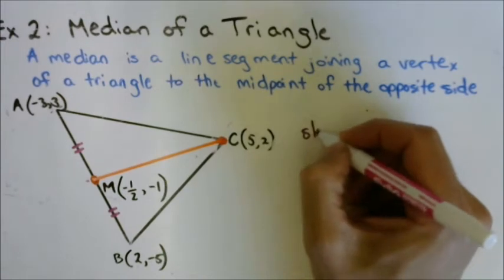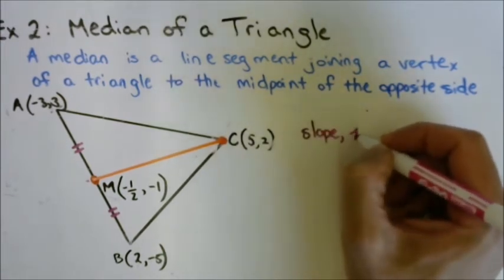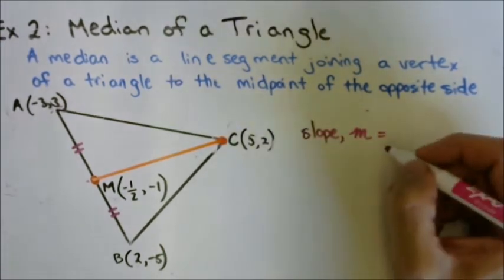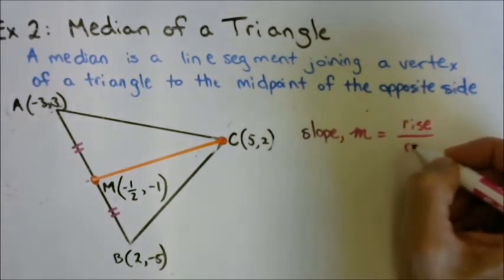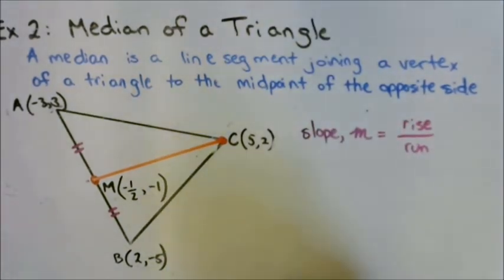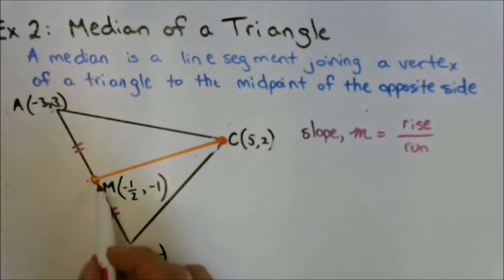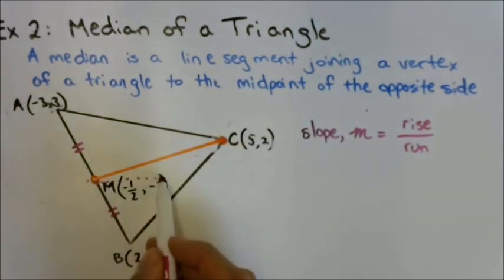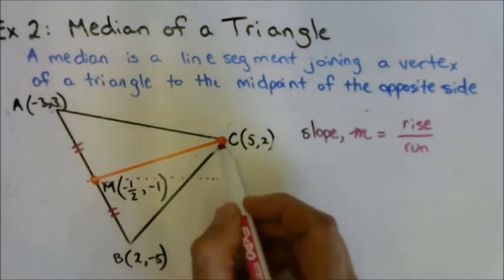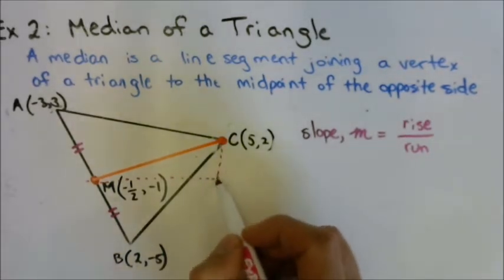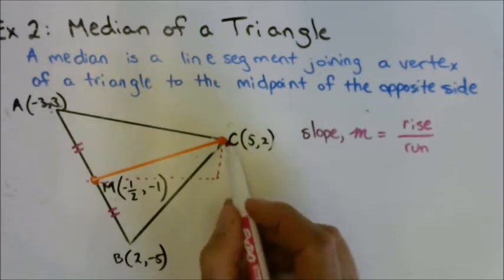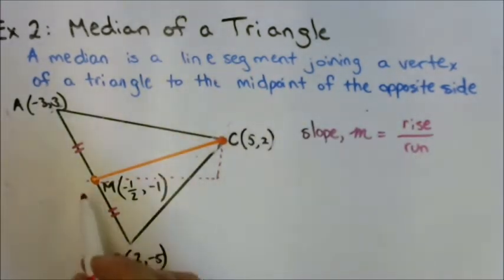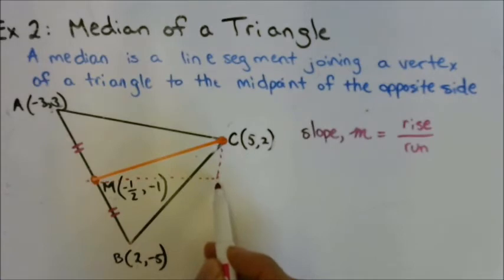Well, we know that slope is represented by m in our linear equation, and it's simply rise over run, which means that it's the change in y value. So y goes from here to here, that's our rise, over run, which is the change in our x coordinate from here to here.